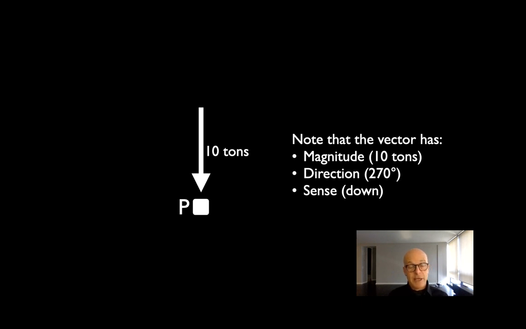Now, what that arrow doesn't do is tell us how big the thing is that's putting the load on the building. It doesn't tell us what color it is or what shape it is. It's abstracted the force completely into just simply this vector. So we've done the same thing with the force that we did with the building. The building we turned into an abstract mathematical entity called a point, right?